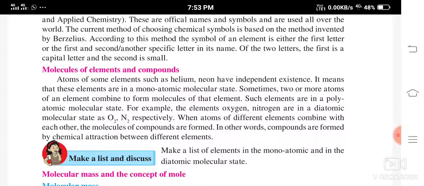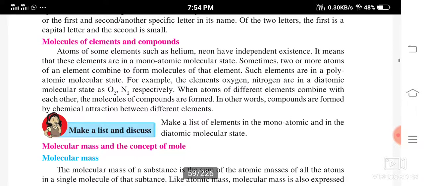Now, molecules of elements and compounds. Atoms of some elements such as helium, neon have independent existence. It means that these elements are in a monoatomic molecular state. Sometimes two or more atoms of an element combine to form molecules of that element.